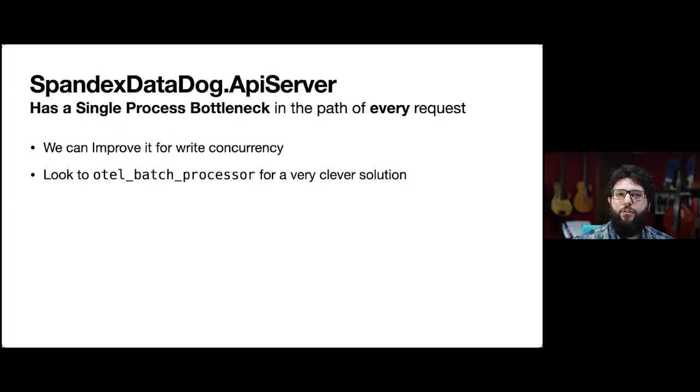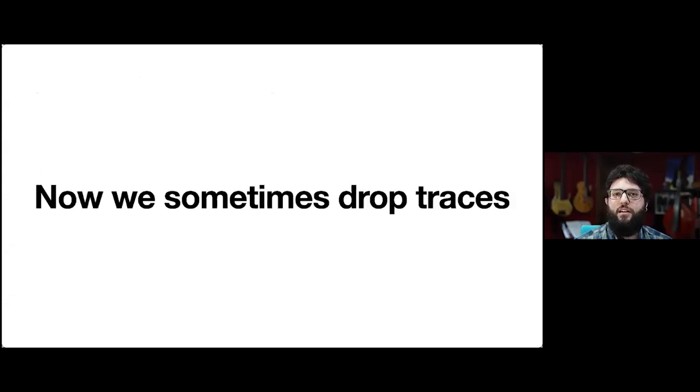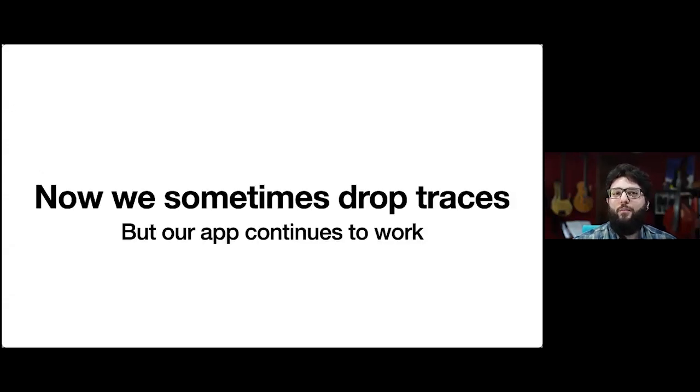And after a certain interval of time or a certain size of the ETS table, it will change a persistent term that tells it to start writing into the other ETS table while the first one flushes. If we get into a situation where we're getting so many traces that it can't flush and it has to switch back and it isn't done yet, we just disable writing these traces altogether. So now sometimes we drop traces, but our app continues to work and doesn't get in this perpetually backed up state.